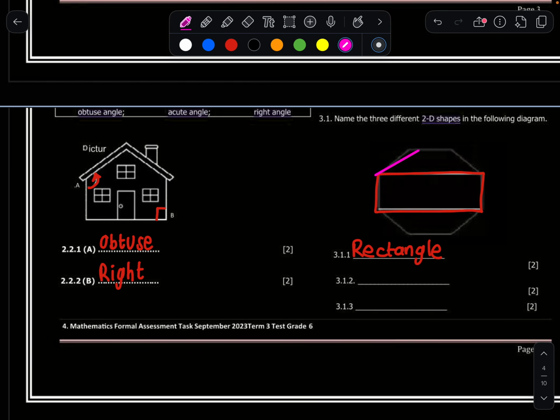So it's got 1, 2, 3, 4, 5, 6, 7, 8 sides. So that is an octagon. And then the other shape that's kind of hidden here is this one up here. So it's 1, 2, 3, 4, and that is a trapezium.